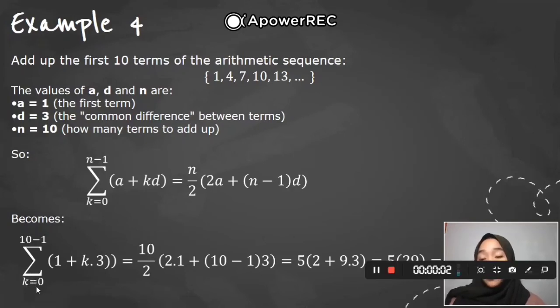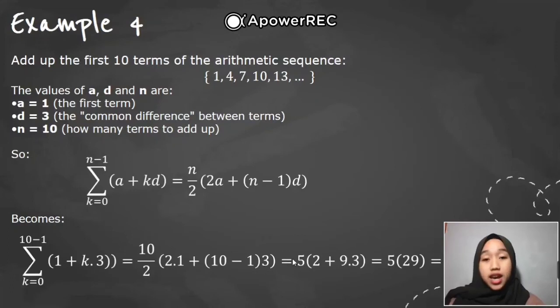It becomes sigma from 0 to 10 minus 1 of 1 plus k times 3, equals 10 over 2 times 2 times 1 plus 10 minus 1 times 3.